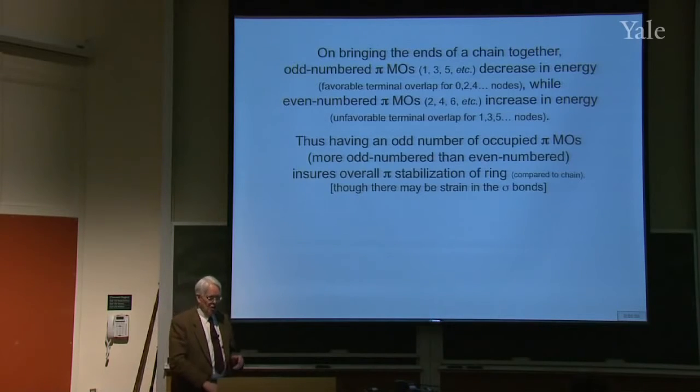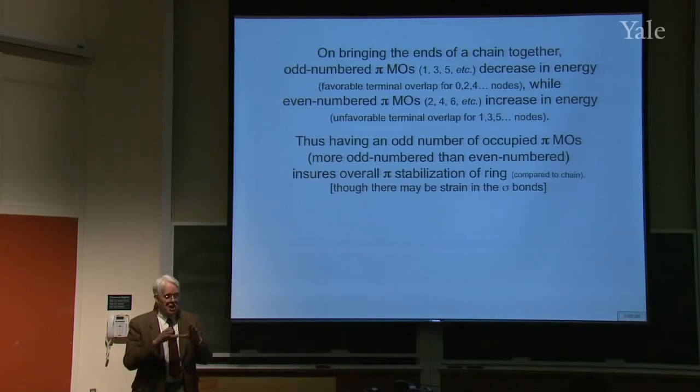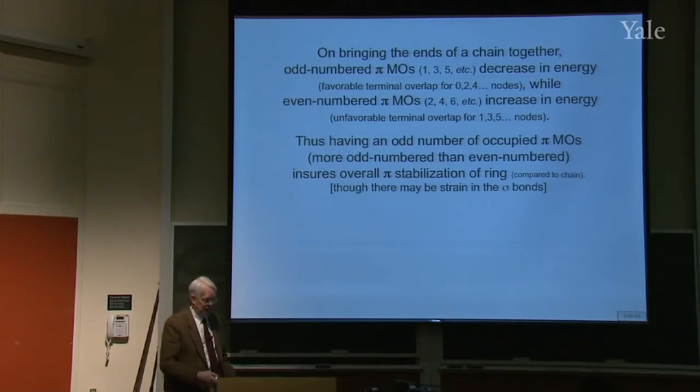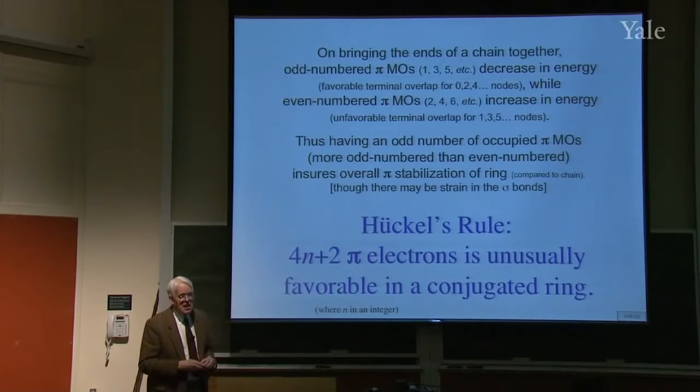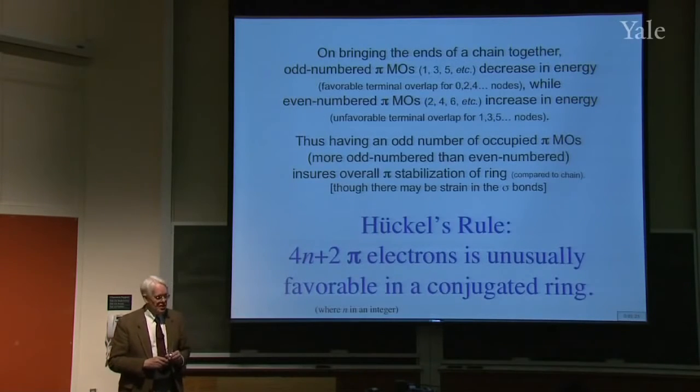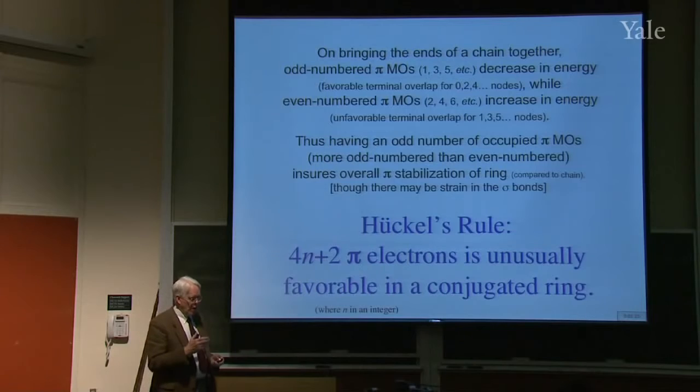Of course, you also have to take into account the sigma bonds, because when you bend things into a ring, you may introduce ring strain, like in the 3-membered ring. There's obviously that. But as far as the pi electrons go, there's going to be special stability if you have an odd number of electron pairs. And this gives rise to Huckel's rule, as it's called, which is if you have 4n+2 pi electrons, that's going to be unusually favorable in a conjugated ring.